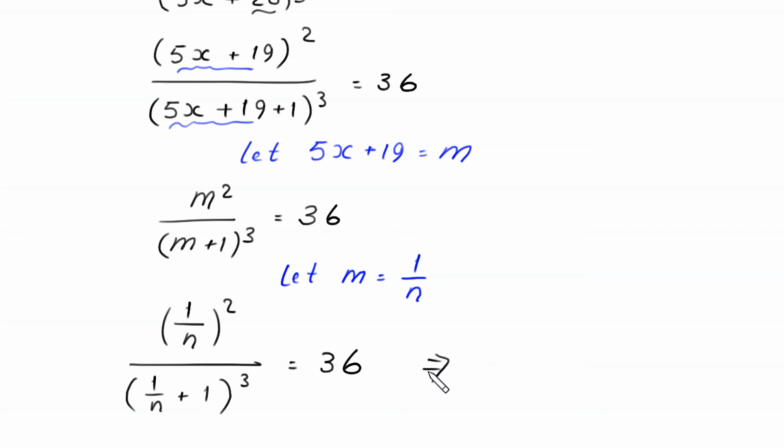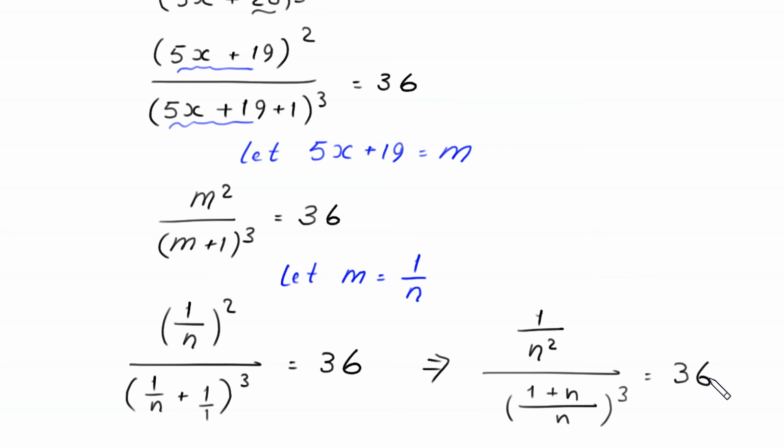And this implies that (1/n)² will become 1 over n² divided by, we take a common denominator n, so n divided by n is 1, plus 1 over n, whole cubed, is equal to 36.